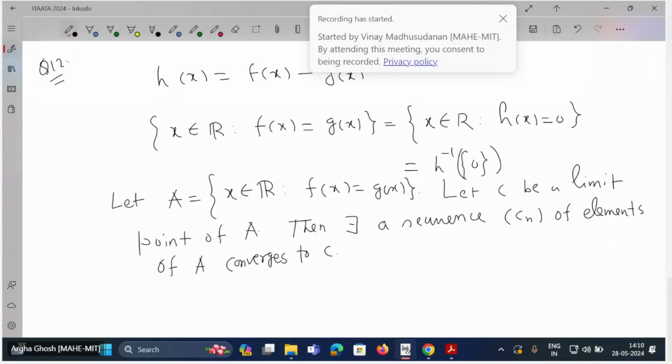Because f is continuous on the whole of R, f(c_n) converges to f(c) and g(c_n) converges to g(c), since both f and g are continuous at c, correct?